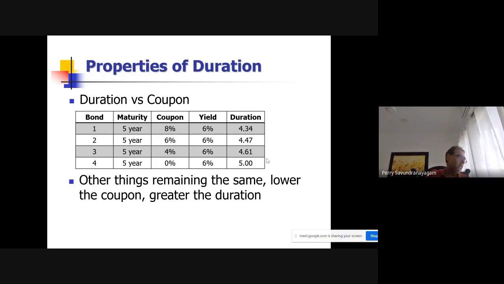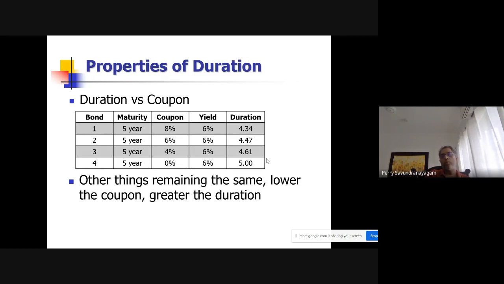So technically, yes, you have a higher duration because of that. And then as you get paid the coupon, the higher the amount that you get, your duration starts to reduce. And if you get the highest coupon at the same yield, your duration is less.